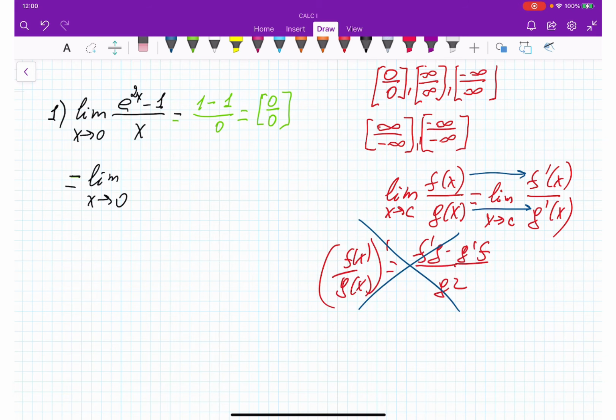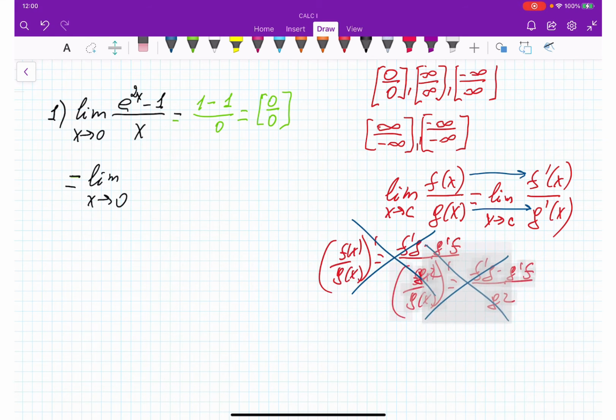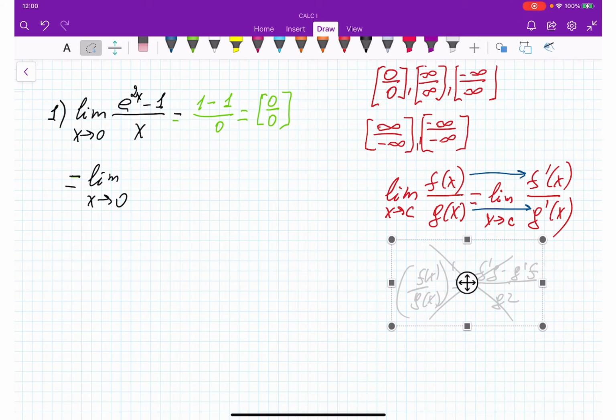So please remember that. It's a very common mistake when students are solving and face the dilemma of whether to apply it separately or apply the quotient rule.